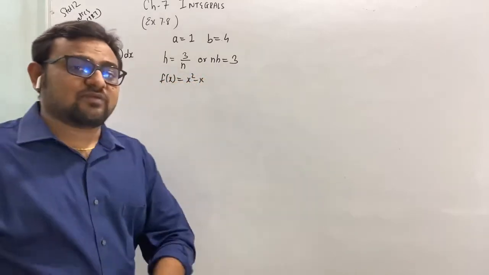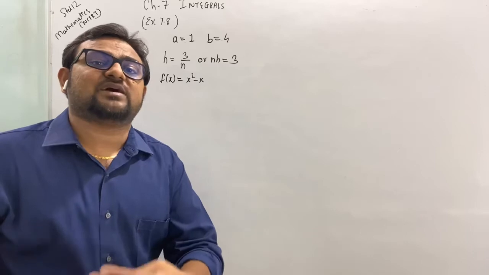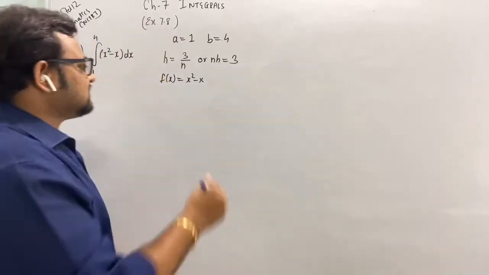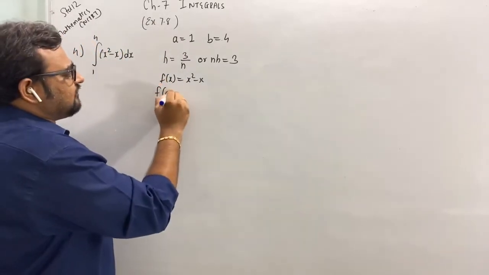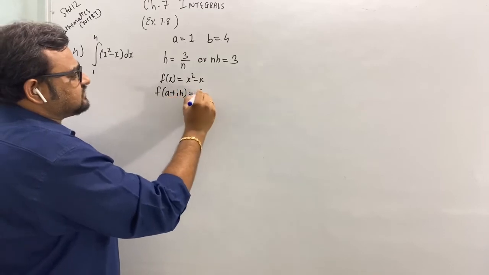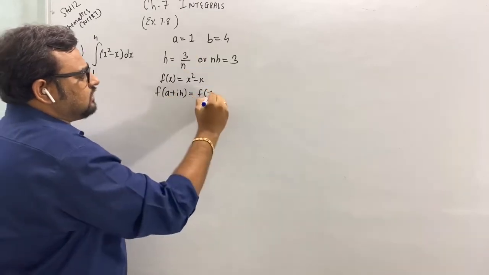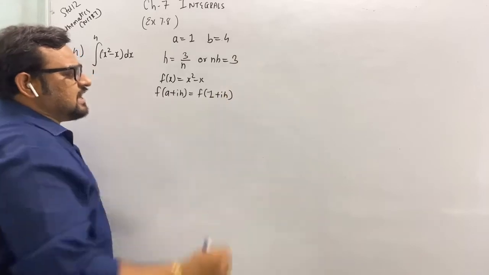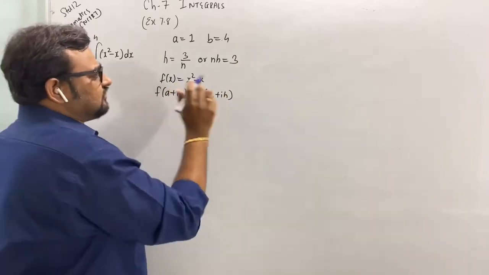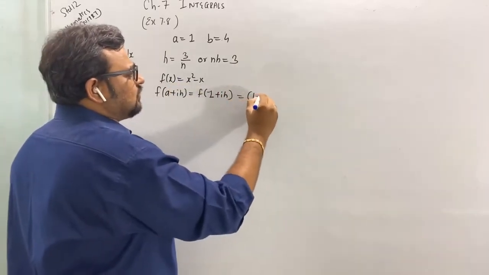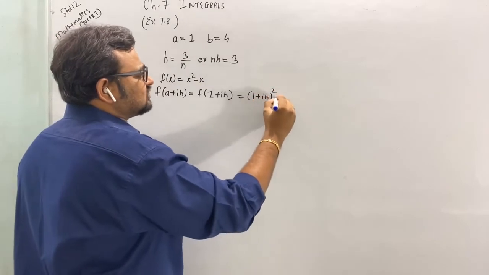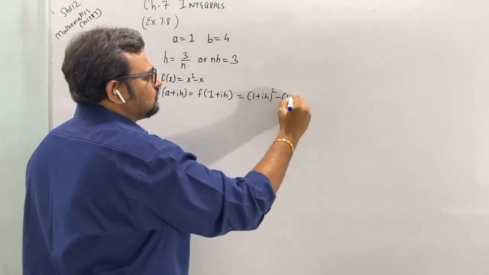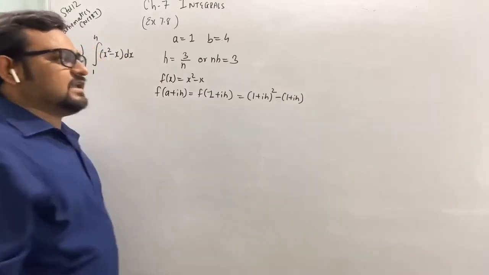So what are we taking? We are taking f of a plus ih. What is our a? 1 plus ih. So instead of x square, I will put 1 plus ih whole square minus 1 plus ih.